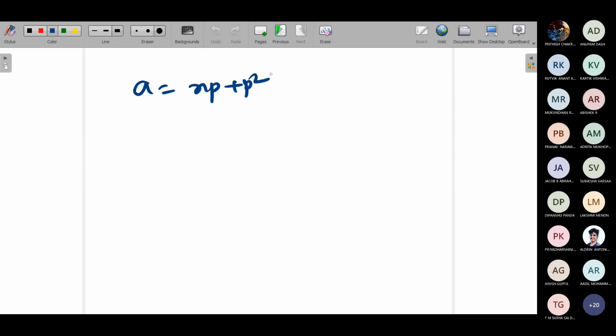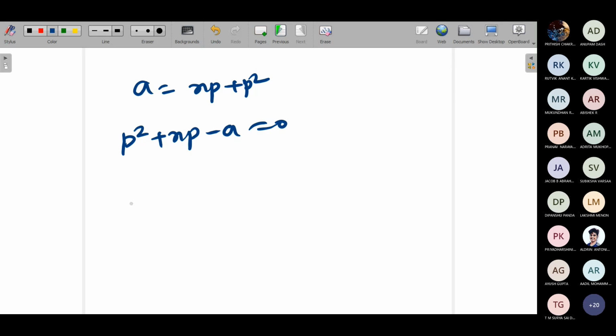Now what is our aim? Our aim is to solve for p. It is a quadratic equation, right? So you can write it as p square plus xp minus a equal to 0. Now solve for p.